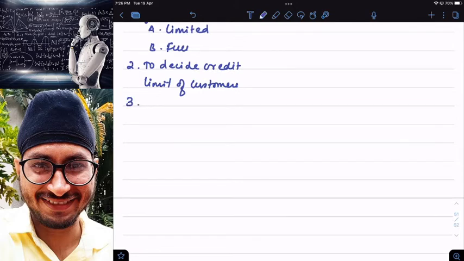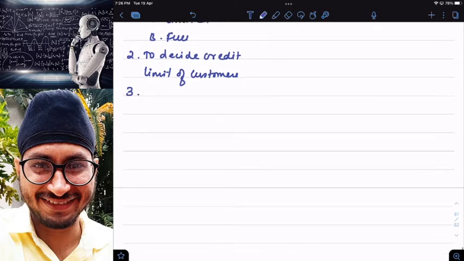Then one more issue that I'll face is to decide whether to be a price leader or follower. Sir, I want to clear: proactive strategy is an example of what? Proactive strategy means leader.